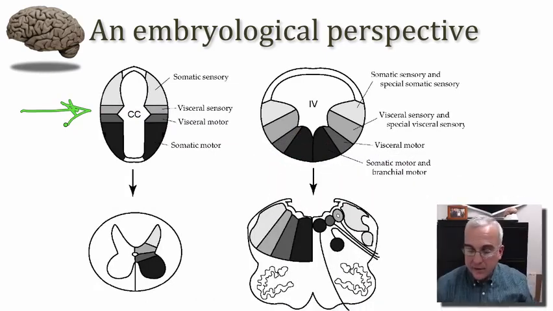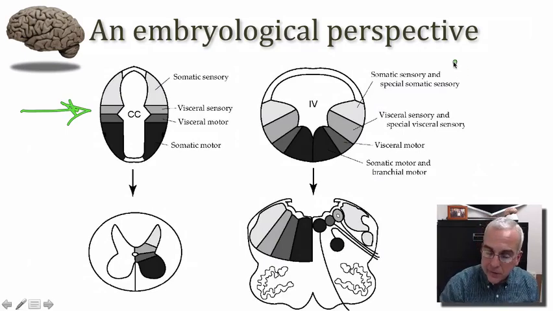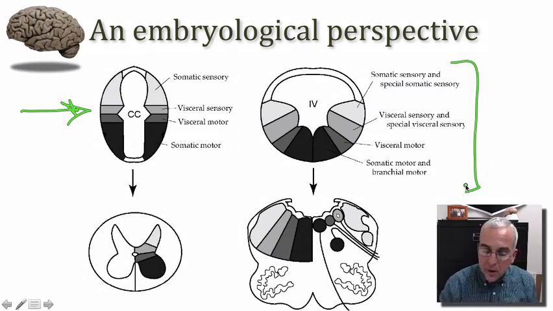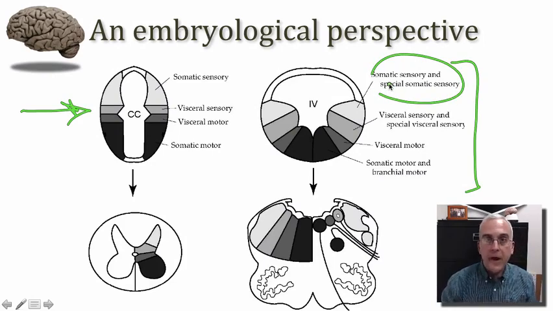Hopefully, if you did that with me, the significance will stay with you, and you'll have a picture of the developing brainstem, where our somatic sensory elements, and we'll also add our special sensory elements as we get into the cranial region, are to be found in a far lateral position.